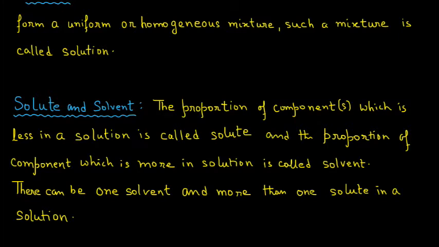There can be one solvent and more than one solute in a solution. In our experiment we can add sugar also to the salt water. In that case sugar and salt both are the solute. So the point to be remembered is that solute can be more than one, but solvent will be one.